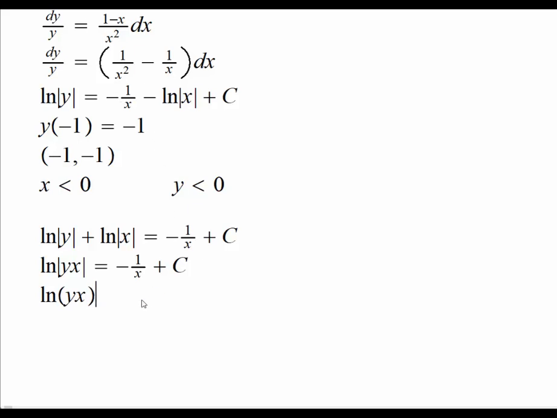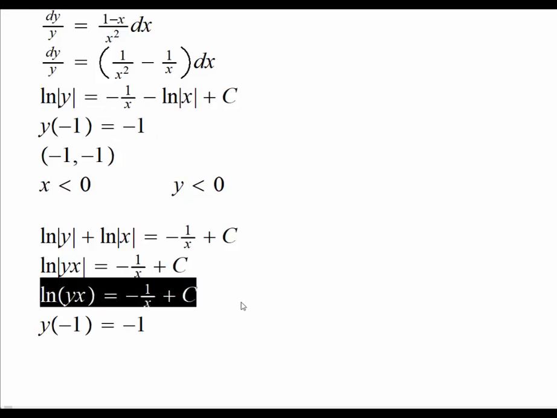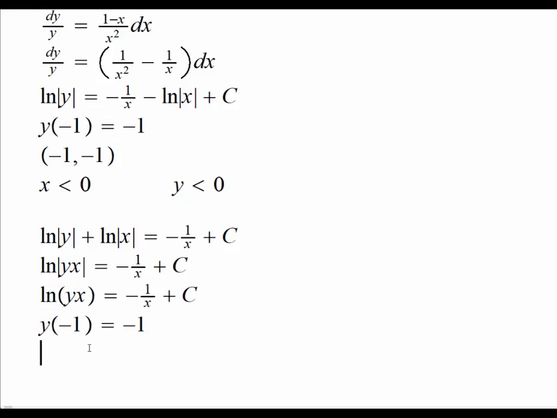and we got e to the power of yx equals this, and the initial condition. Let's bring the initial condition in. Okay, all right, the initial condition is what? That y at -1 is -1. Okay, so x and y, both of them will be -1.